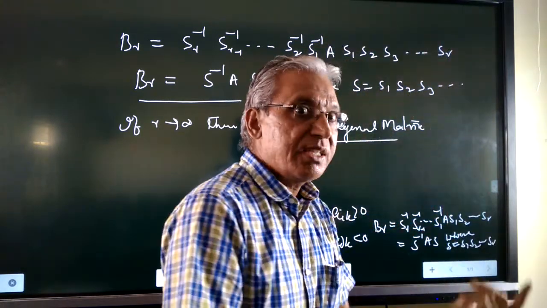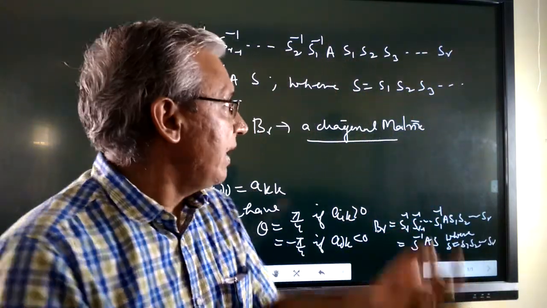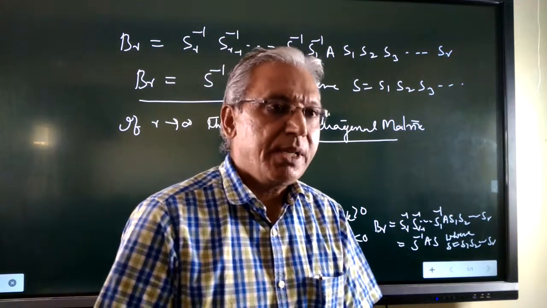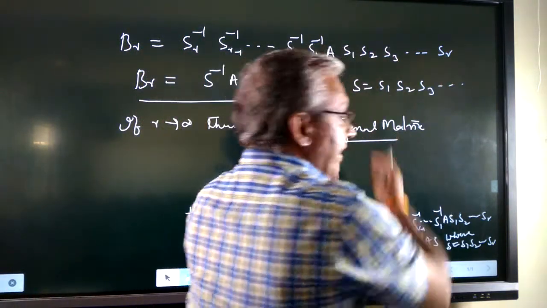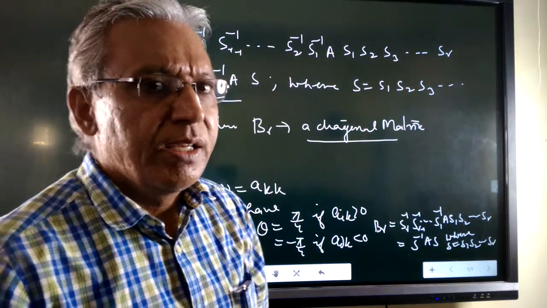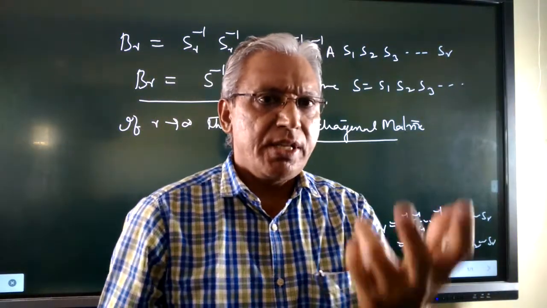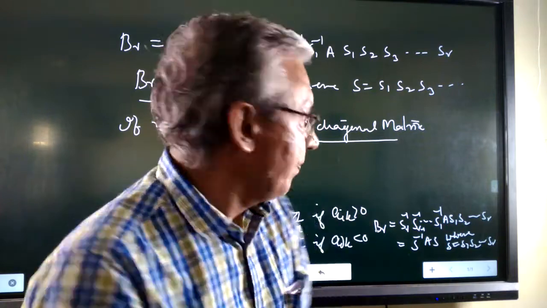S1 denotes the first rotation, S2 denotes the second rotation. So after the rotations, we multiply these matrices. Suppose it is S. Every column of S gives an eigenvector.